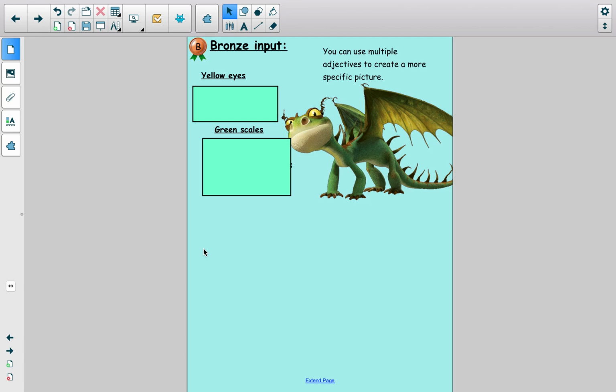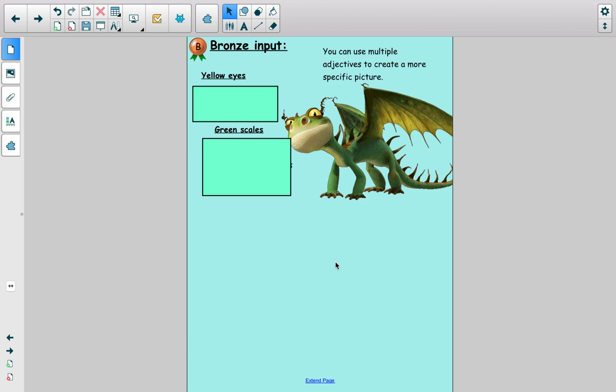So Bronze Badge. You're going to be using multiple adjectives to help describe a character. You can use multiple adjectives to create a more specific picture of the character you are describing. Today, you'll be describing this dragon from the film How to Train Your Dragon.